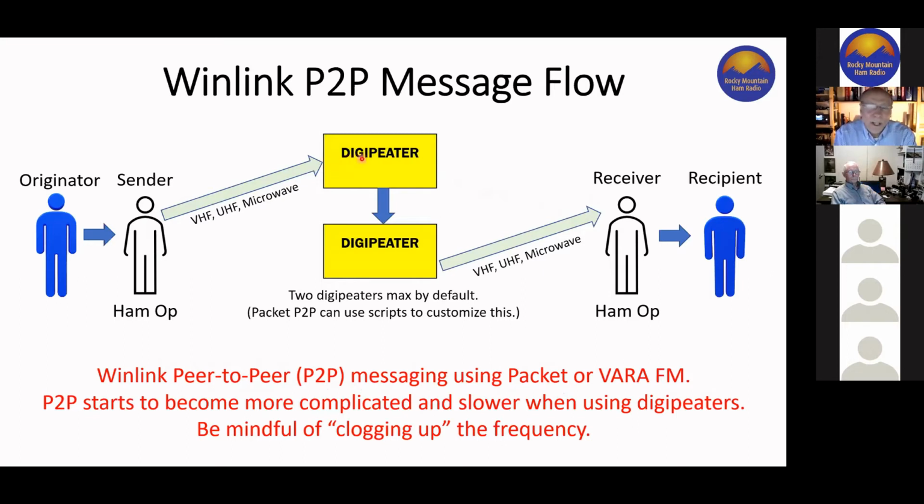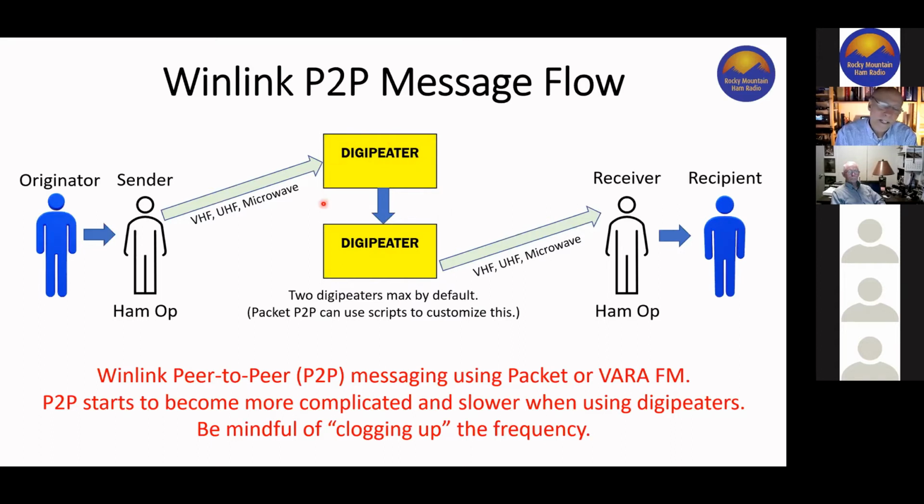But beware, if any of you have ever done packet before, and I'm sure many of you have, whenever you start going through a Digipeater, things start to really slow down. And when you go through 2 Digipeaters, it really starts to slow down and can become a problem. Because again, where are these Digipeaters normally located? They're located up on mountaintops.